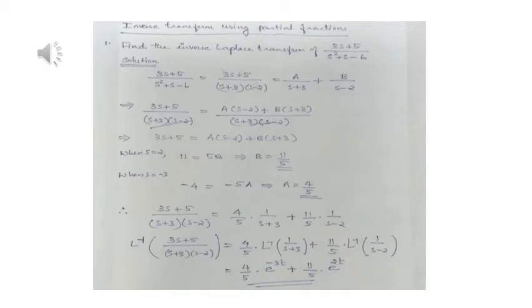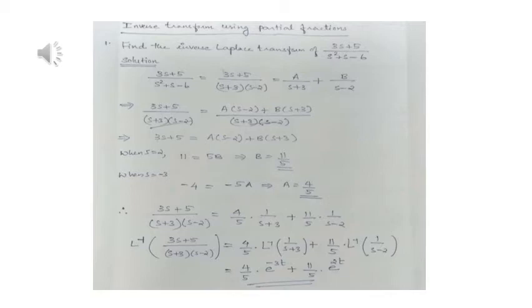Here L inverse of 1 by s plus 3 is of the form 1 by s minus a, where a is minus 3, so the answer is e raised to minus 3t. Similarly, L inverse of 1 by s minus 2 gives e raised to 2t. So the final answer is 4 by 5 e raised to minus 3t plus 11 by 5 e raised to 2t.